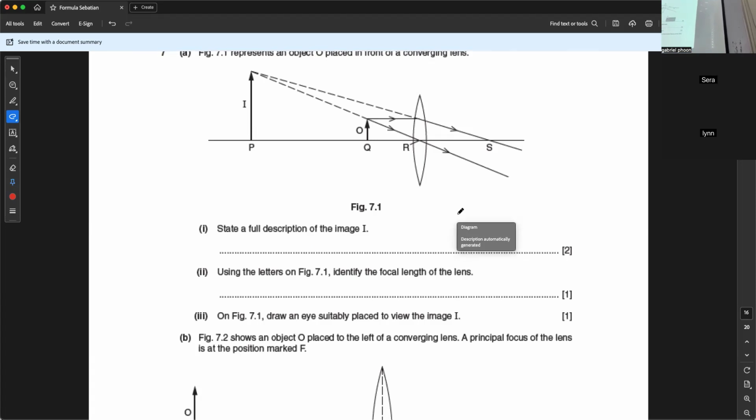Start doing it right now, everyone. We did it in physics class.